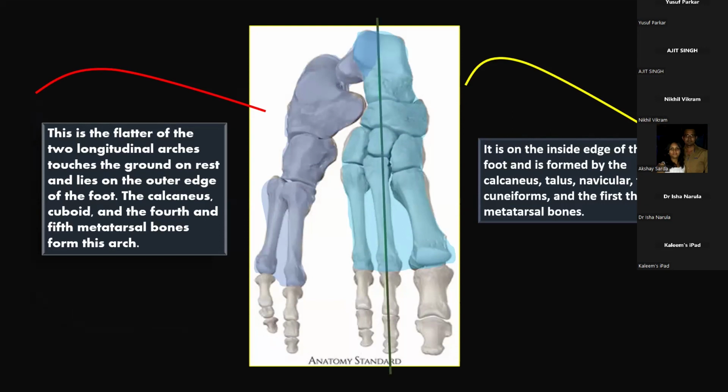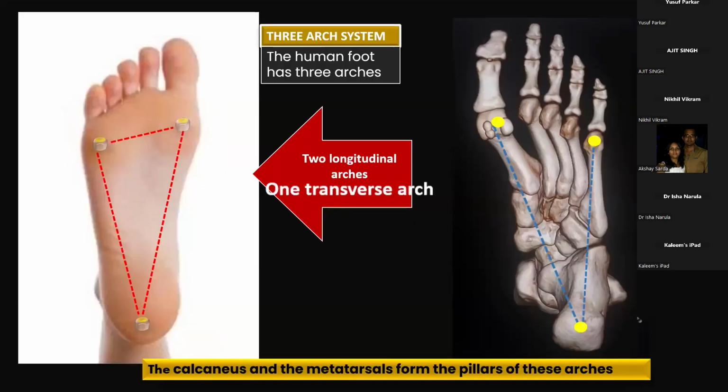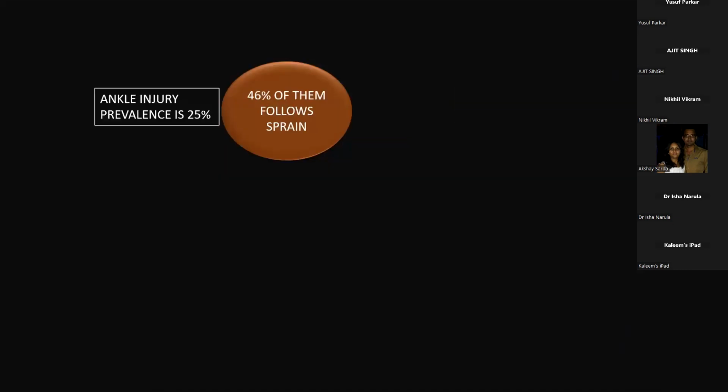And this is the axis of the foot that refers to the laterality of the foot bones, which passes through the metatarsal heads. The calcaneus and metatarsals form the pillar of the axis.